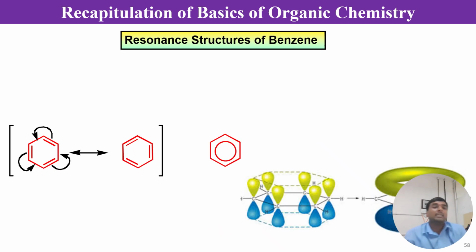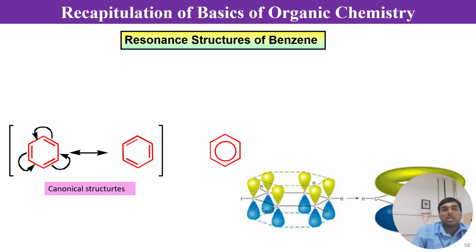Because it has resonance structures. If you consider its Kekulé structures, basically all the bonds are equivalent. Whether these two are double bonds and this is a single bond doesn't matter.